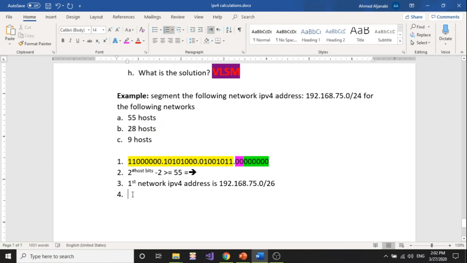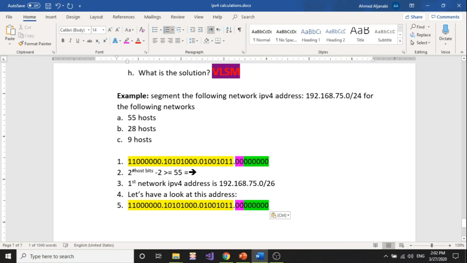So let's just take that. Let's have a look at this address. Let me just copy this. And I'm going to put it here. Now, here's what's going to happen.